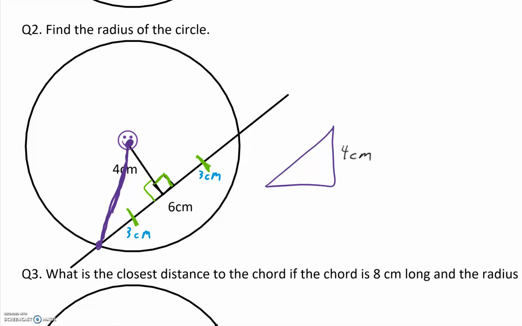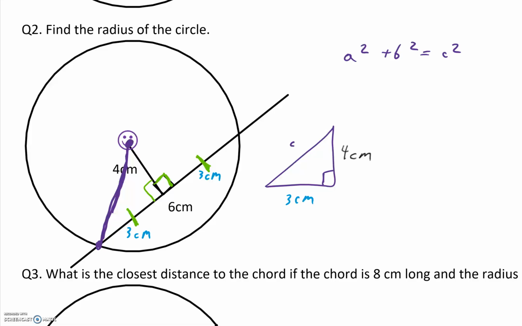And in blue we had 3 centimeters. And now we're looking for the last side, which is a hypotenuse. So that means we have to use a squared plus b squared equals c squared. Because these are all side lengths, not angles, we must use Pythagoras.